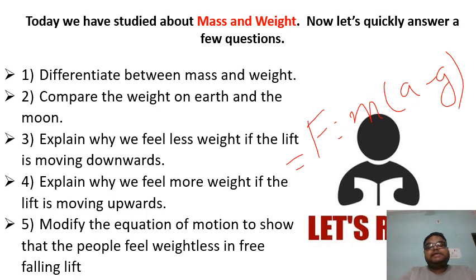Since the acceleration is getting decreased, that's why we feel less weight, okay? Right. So explain why we feel more weight if the lift is moving upwards. If the lift is moving upwards, then what is happening? The acceleration due to gravity is constant, but the acceleration of the lift is increasing. That's why we are feeling more weight.